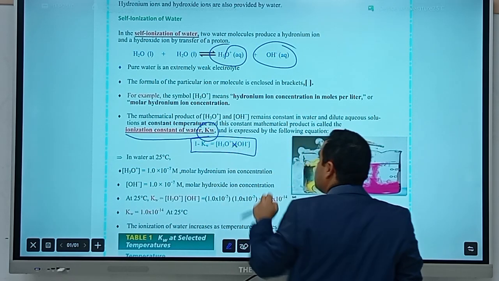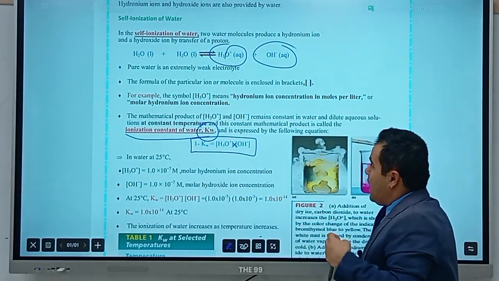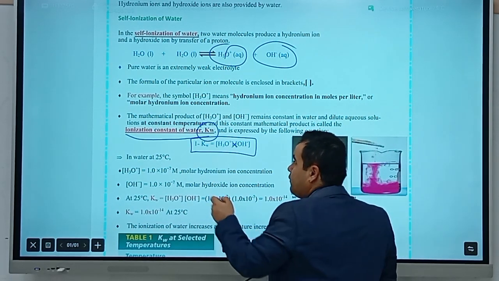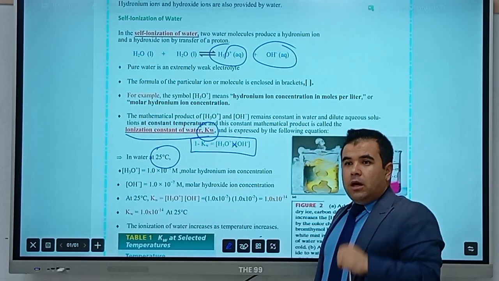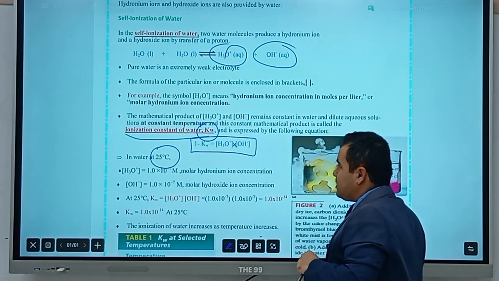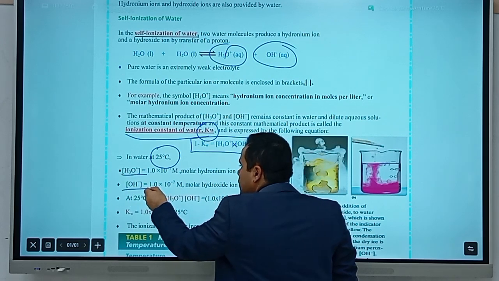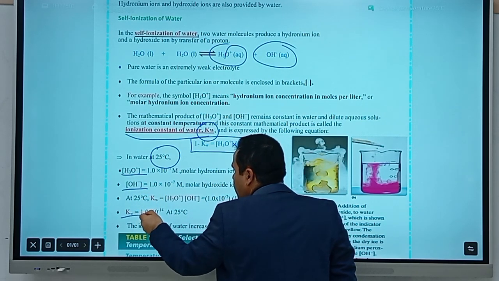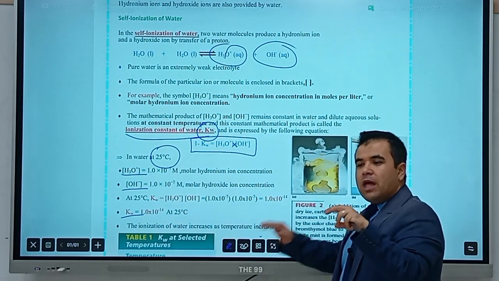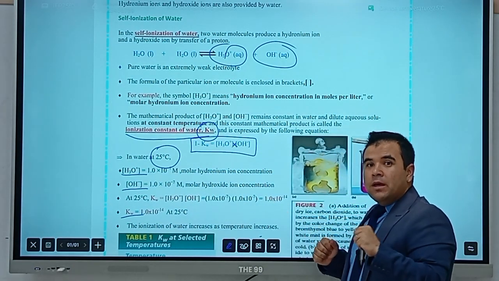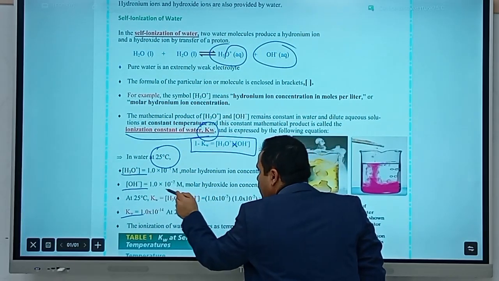Through the existence of ions, we can determine the ionization degree of water. And guys, at 25 Celsius, you have to memorize 3 values: the hydronium concentration, hydroxide, and Kw as well. Hydronium and hydroxide at 25 Celsius exist equally, and both are equal to 10 to the power minus 7.